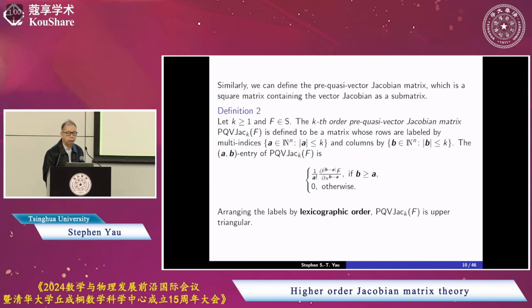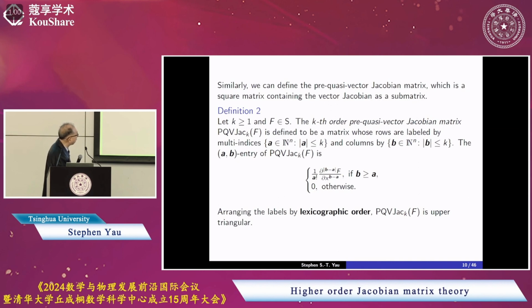Now we define the kth order P-quasi vector Jacobian matrix. This one is a square matrix, because we take all the A up to order k, including zero, and B also. So the AB entry is exactly the same as before. This is also the usual partial ordering.